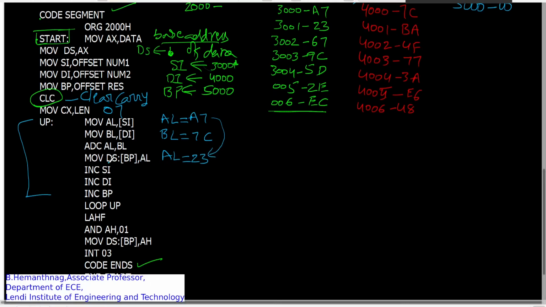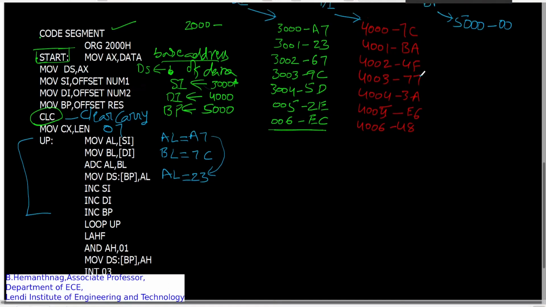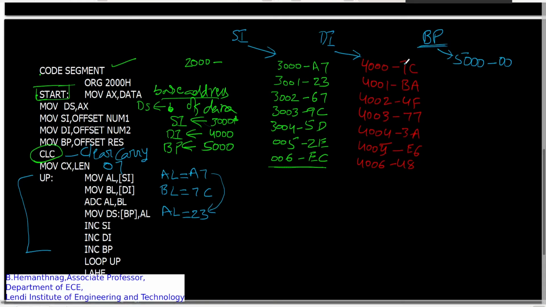This 23 is to be stored in memory, which is pointed by the BP pointer. To store it at that memory location, we use this instruction: move DS colon within bracket BP comma AL. Why are we using DS colon? When BP is used as a register, it uses the stack segment register as the default segment register.